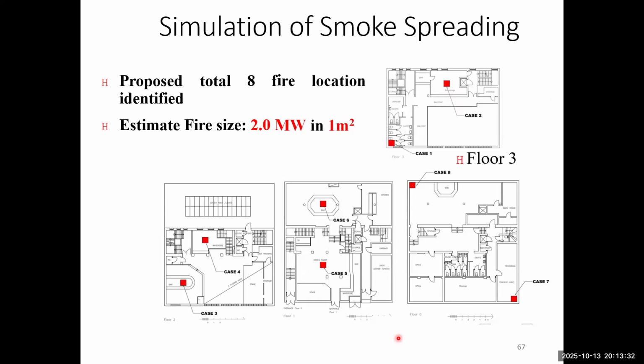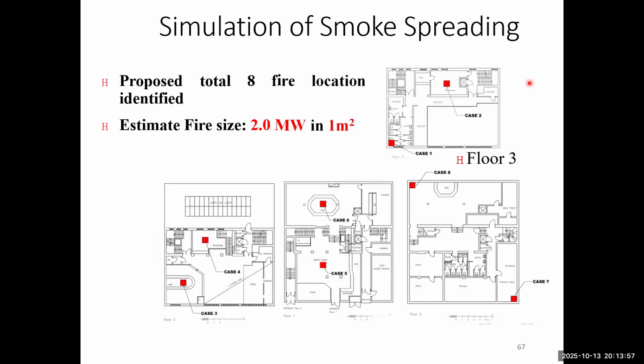So that's right. It is one of the worst cases in our simulation. And also, on the same floor, case 6 is one of the worst cases, and you can have the same reason to consider it as the severe condition for our simulation.